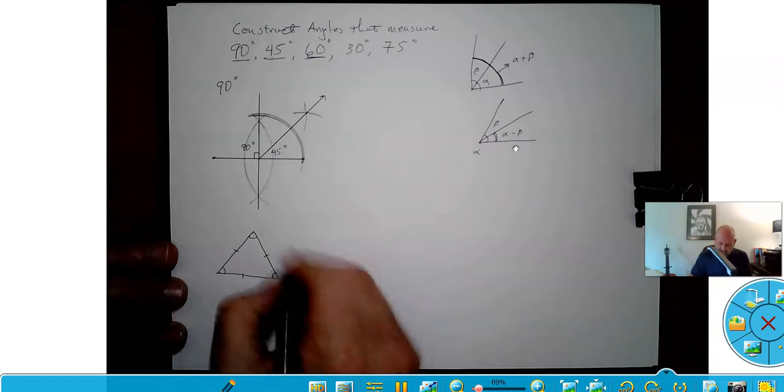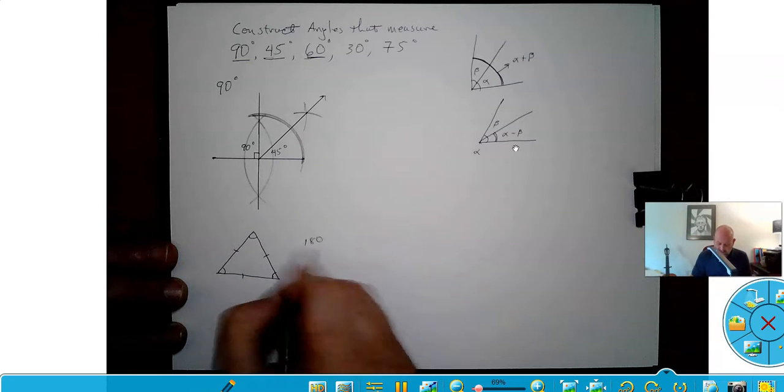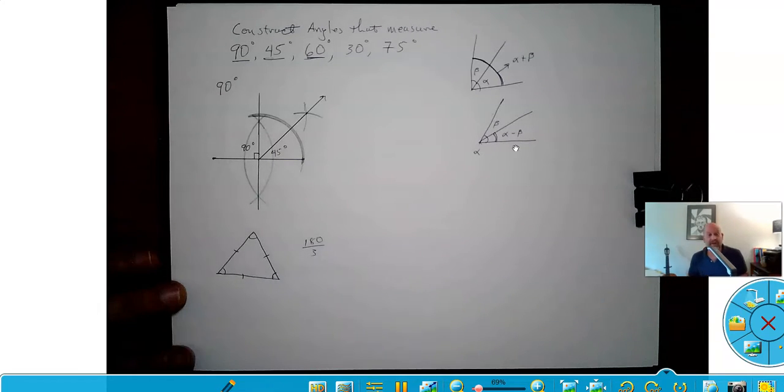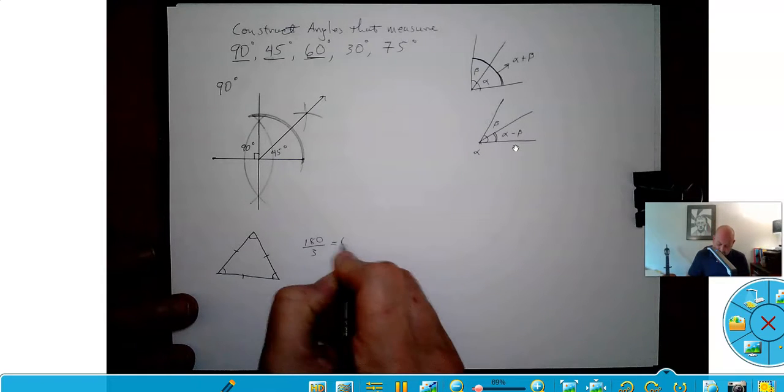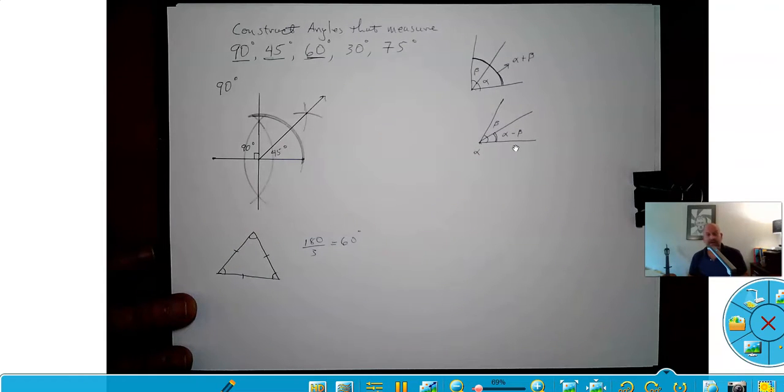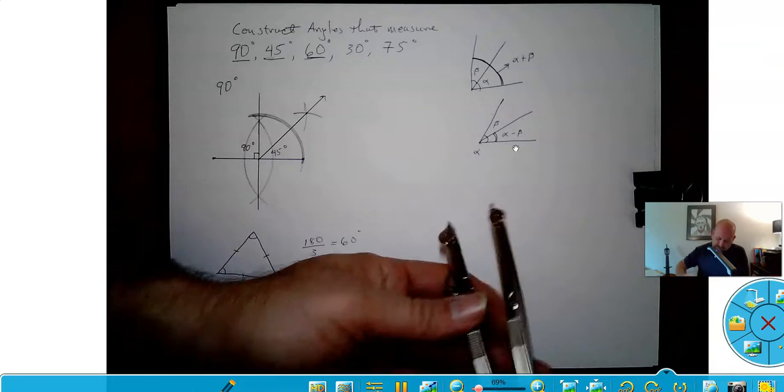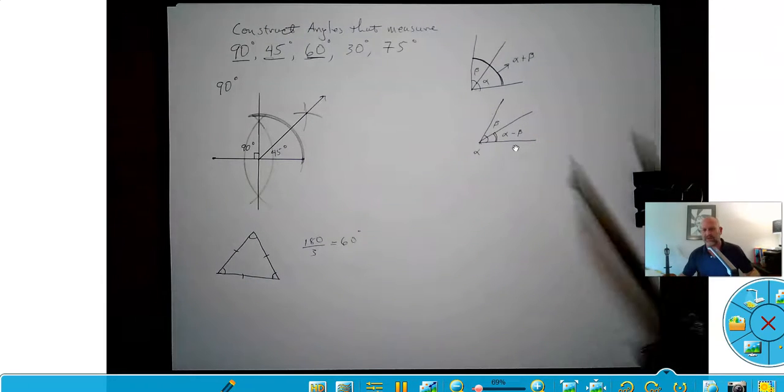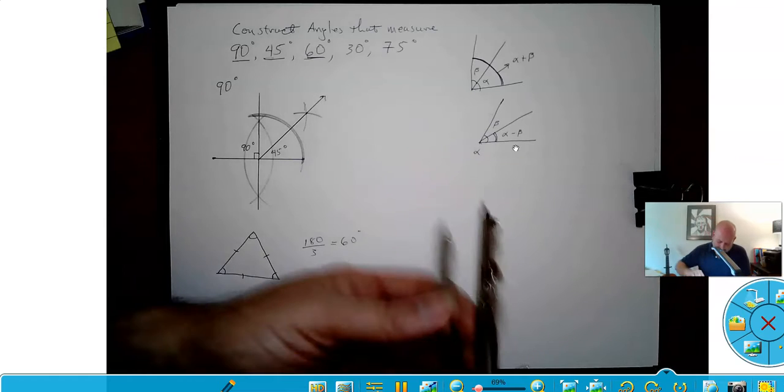And if all the angles add up to 180 degrees and they're all the same, I just divide by the number of angles and I get 60. So an equilateral triangle has a 60-degree angle. So if we can construct an equilateral triangle, we can make a 60-degree angle. Now, this actually will start to look a little bit like our socially distanced circles.